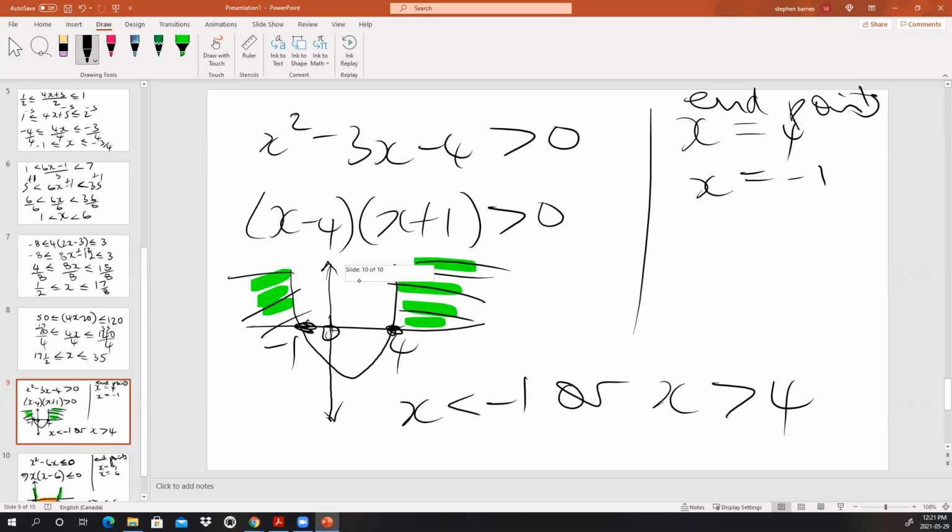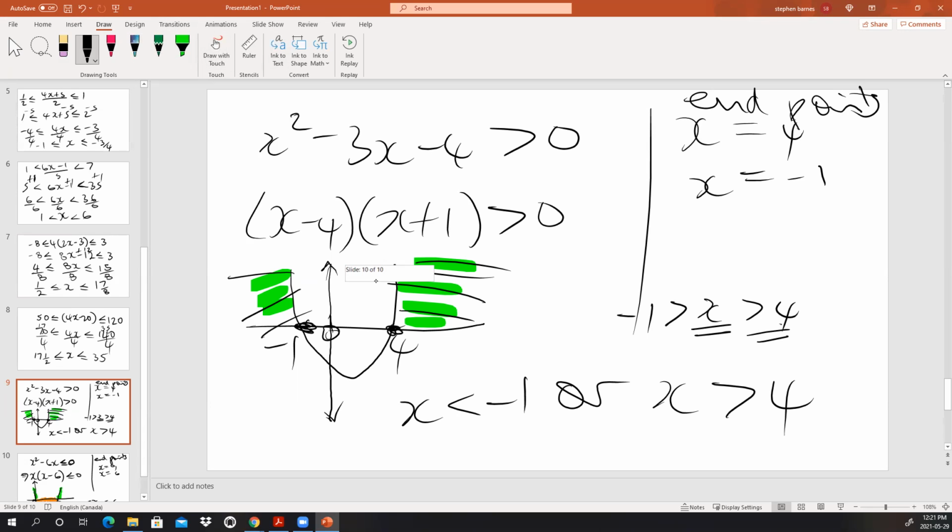Some persons may be tempted to write it like this, which would be wrong. I know the temptation is great, but it would be very wrong, because if x is greater than 4, then -1 cannot be greater than x, because you'd be saying that -1 is greater than 4, right?